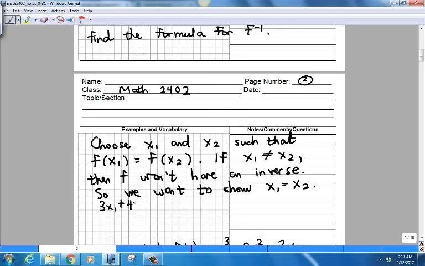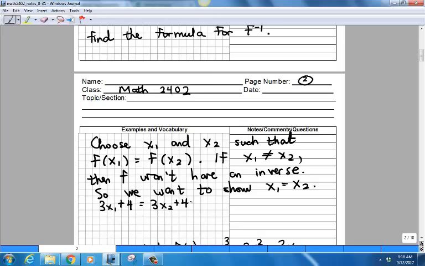See, if you plug x1 into that formula, I covered up the formula, you get 3x1 plus 4, right? And then what's f of x2? Yeah, that's 3x2 plus 4, right? But remember, we picked x1 and x2 so that these two things are equal, right? So these two things must be equal as well, okay?